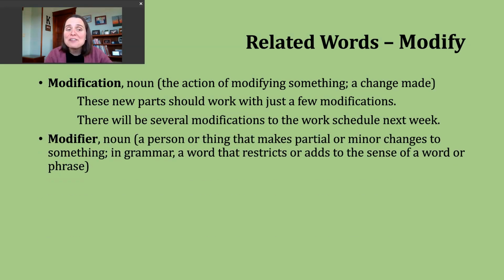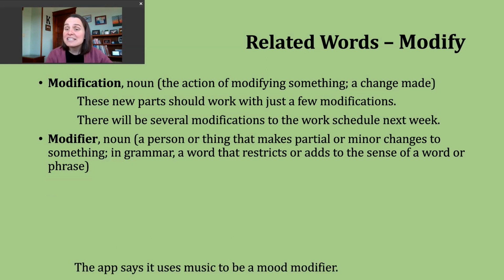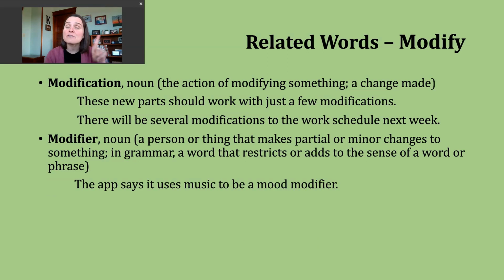Let's talk about another related word. It's the noun modifier. This can also have a couple different meanings. The first is to describe a person or a thing that makes some kind of small or minor changes to something. An example of this might be, the app says it uses music to be a mood modifier. Right?